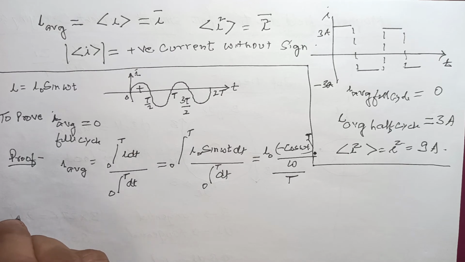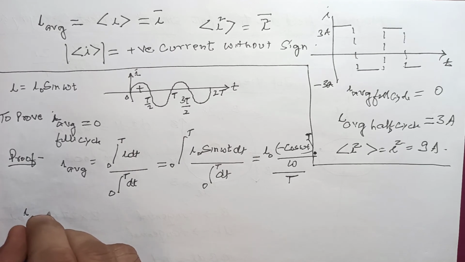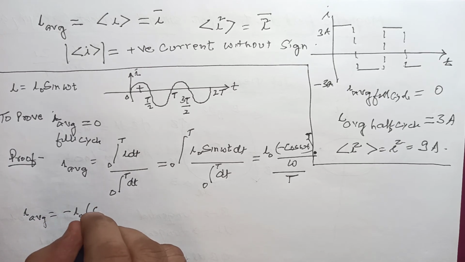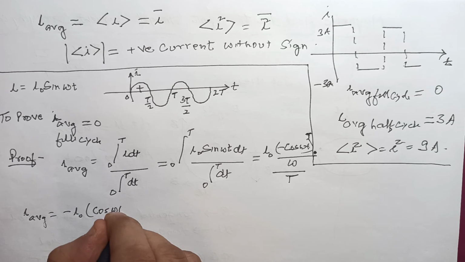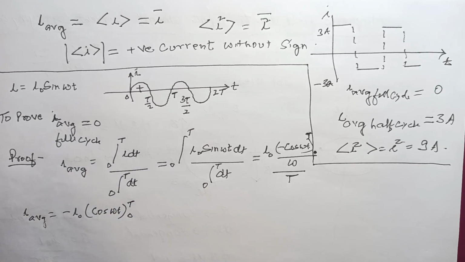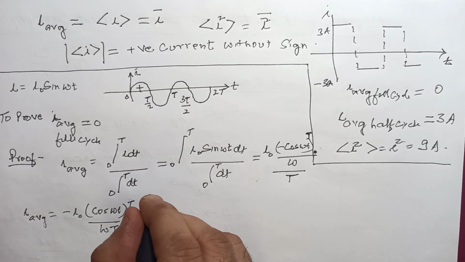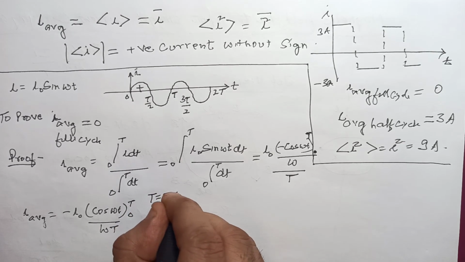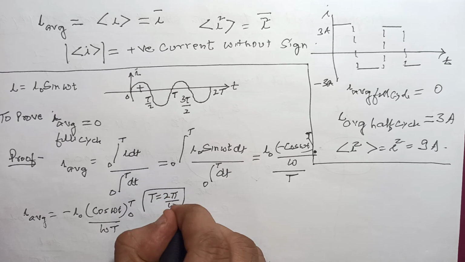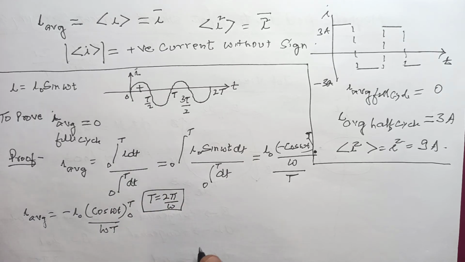Now further, I can write I average is equal to minus I naught cos omega t from T to 0, by omega T, correct? But we know T is equal to 2 pi by omega, right?